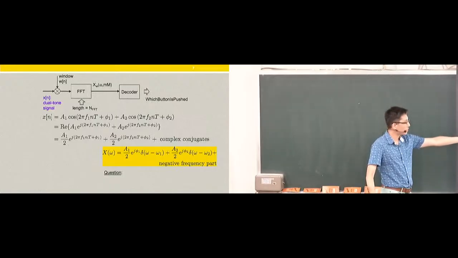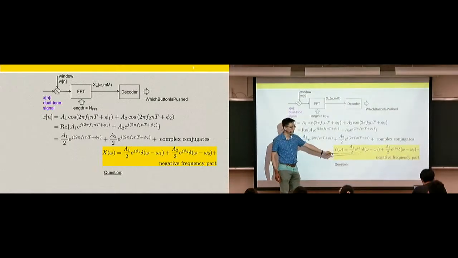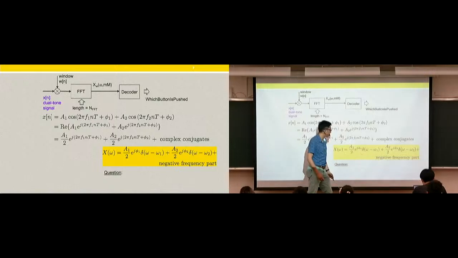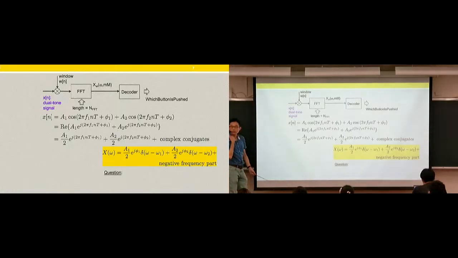So since it's pressed down forever, the Fourier transform is a delta function, right? It's a combination of delta functions located at omega 1 and omega 2, respectively, plus their negative frequency components. There's another one in the negative frequency range.